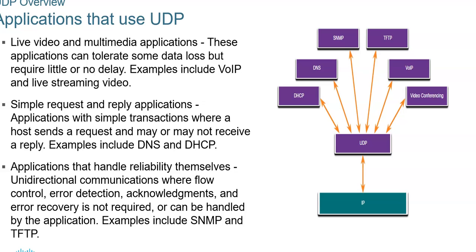UDP is characterized as unreliable, but the applications themselves can handle error detection and recovery. These examples include SNMP, which is a simple network monitoring application, and TFTP, which stands for Trivial File Transfer Protocol.